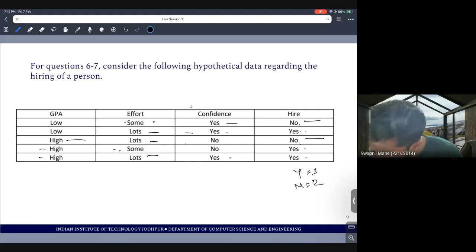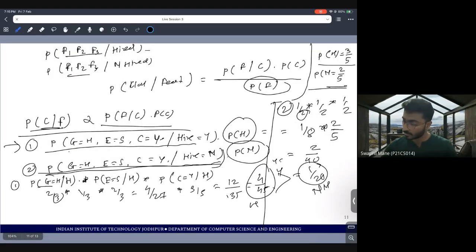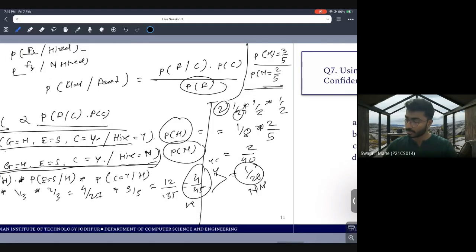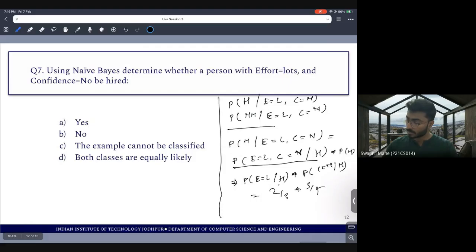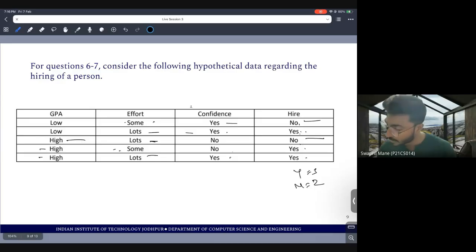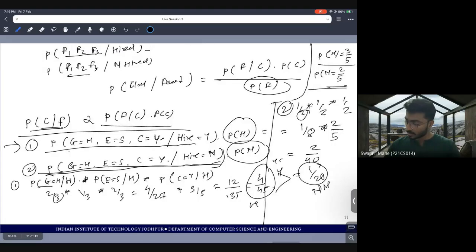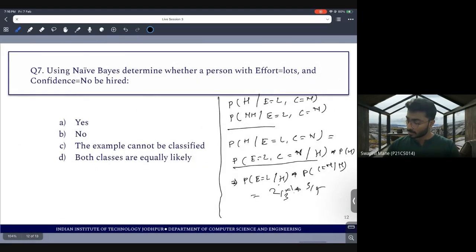So 2 divided by 3. And we also multiply with confidence is equal to no, which for the hired class happens one time only. So 1 divided by 3.